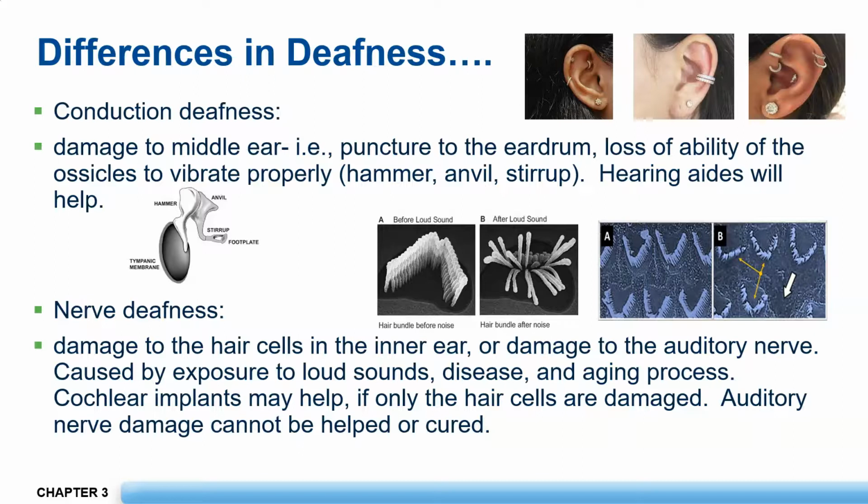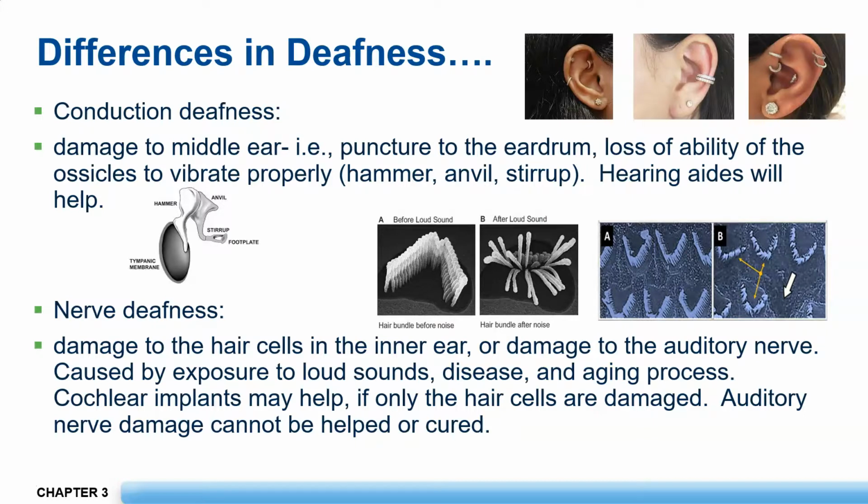Nerve damage or nerve deafness, on the other hand, is damage to the hair cells. So again, this can happen from being exposed to loud sounds for way too long. It happens naturally with the aging process. It can come from diseases. And a cochlear implant may help, which acts as an artificial cochlea, if only the hair cells are damaged.